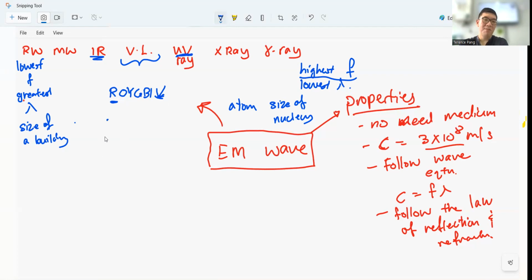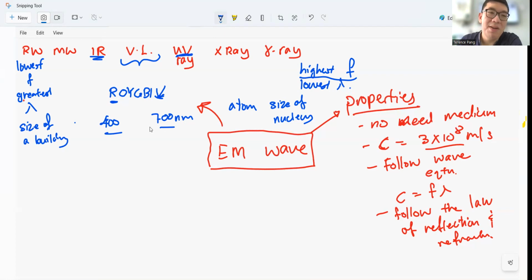Extra information, the wavelength for visible light is between 400 to 700 nanometers. Are you required to remember that? No. But if you are studying A-level physics, you will be required to remember it. It'll be very helpful. Okay, so this is for EM wave.